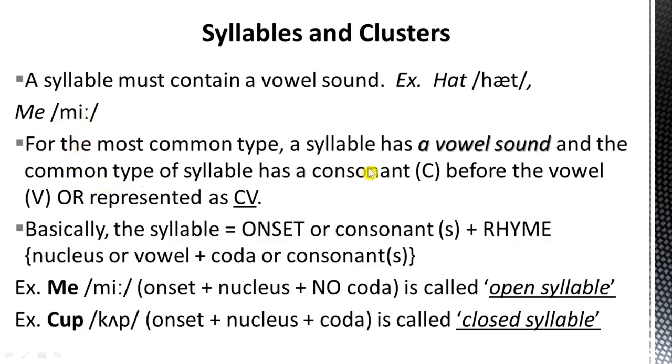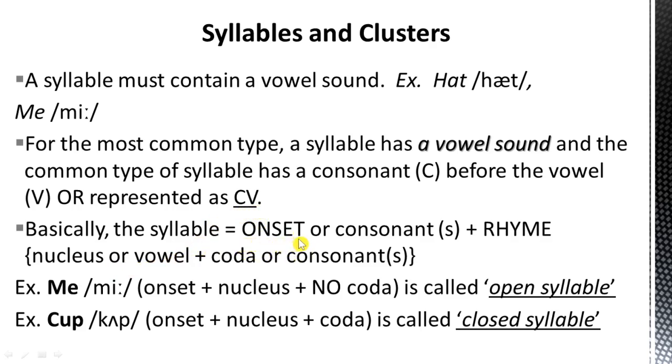The most common type of syllable has a vowel sound and a consonant, which stands for the letter C, before the vowel, represented by the letter V, or written as CV. It means that it has a consonant and a vowel, right? Basically, the syllable can have this structure.